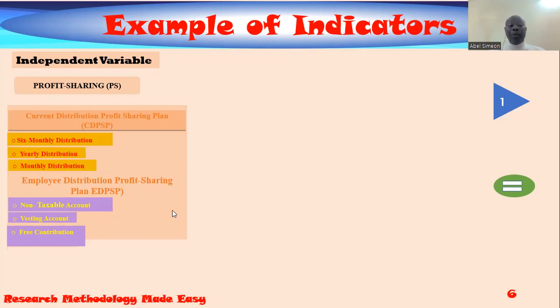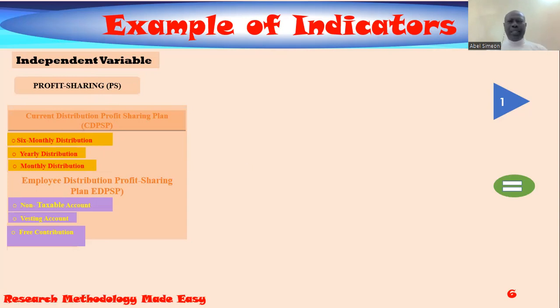These ones I mentioned now are the indicators of the type of profit sharing plan, which is the employee distribution profit sharing plan. And this employee distribution profit sharing plan is an indicator of the profit sharing itself, which is the independent variable. So here is an example of item dimension.